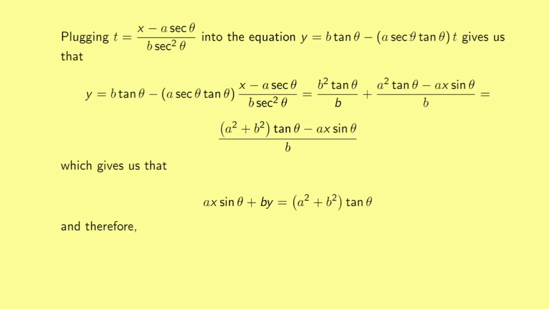So just by multiplying both sides of this y equals this one by b, we obtain ax sine theta plus by equals a squared plus b squared multiplied by tangent theta. Finally, we divide both sides by tangent theta, and we obtain ax cosine theta plus by cotangent theta equals a squared plus b squared, which is what we wanted.